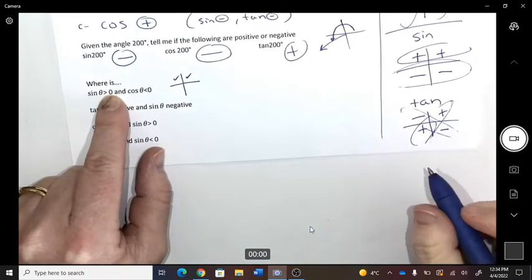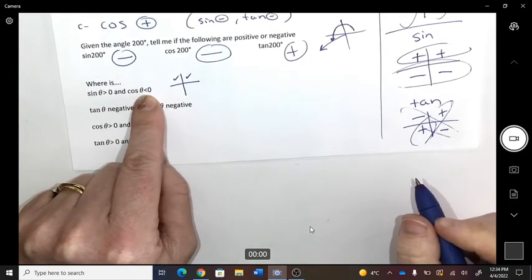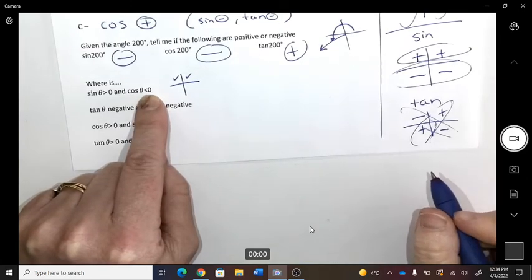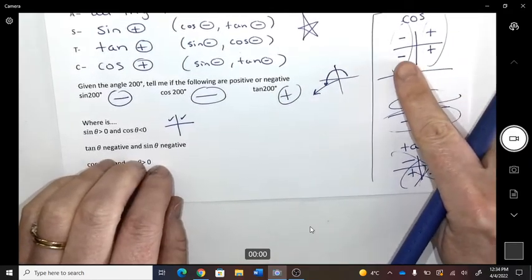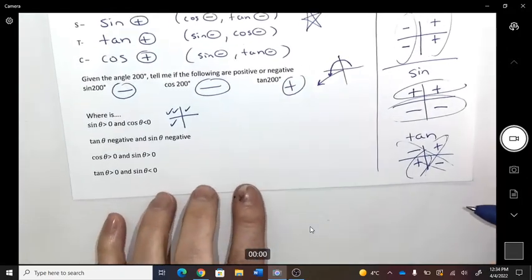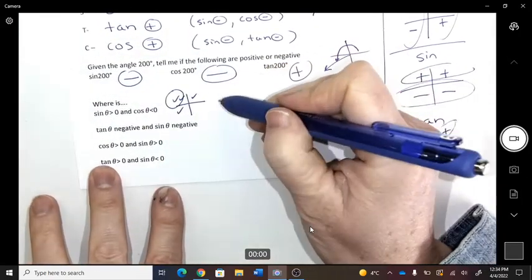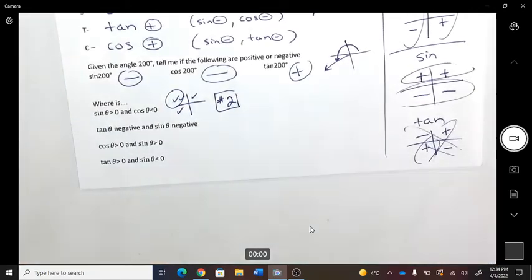Check mark in the top. And where is cos? What does this mean? Negative. Which 2 quadrants is cos negative in? The left. So which quadrant works for both? Quadrant number 2.